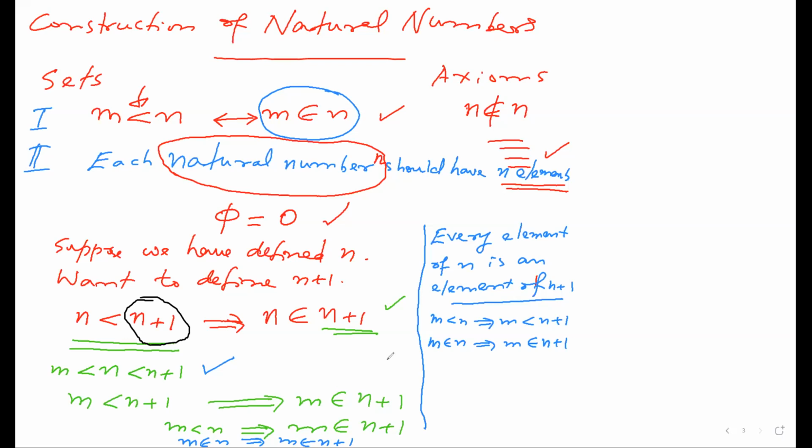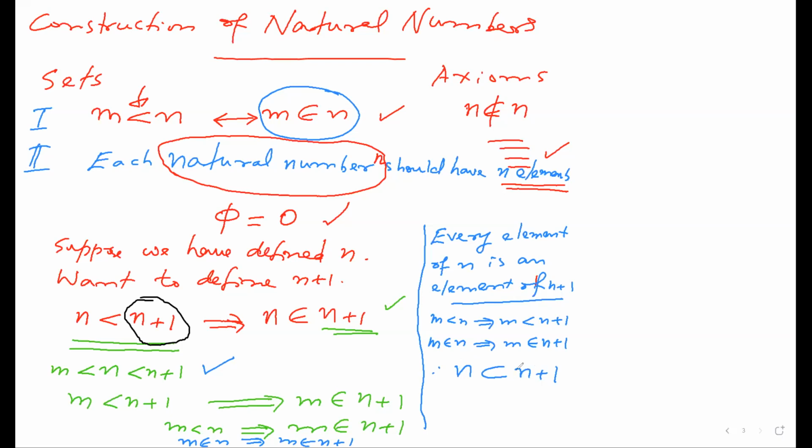Oh, every element of n, this n, is in here. Therefore, I can say that n is a subset of n plus 1. Okay? If every element of n is an element of n plus 1, then n is a subset of n plus 1.